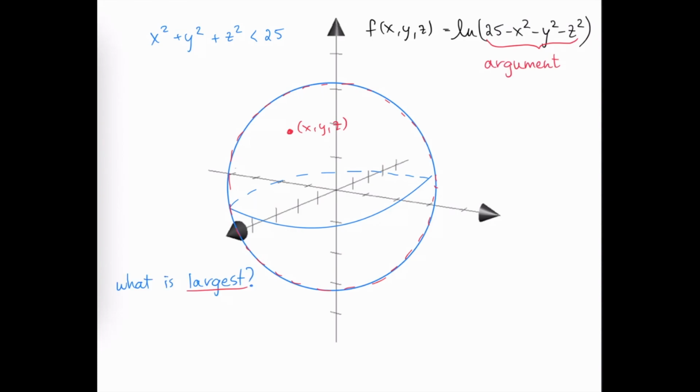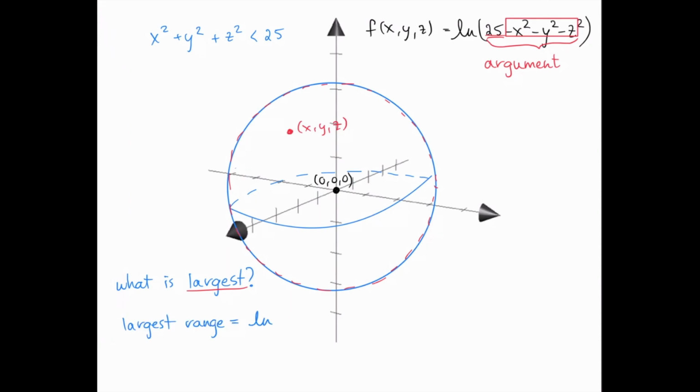So let's first consider who makes the argument the largest. In the domain, if we were to pick the origin, which is going to be x, y, z is equal to 0, then we're going to be subtracting nothing from 25, and 25 is going to be the largest argument, and the ln of 25 is going to be the largest range element.